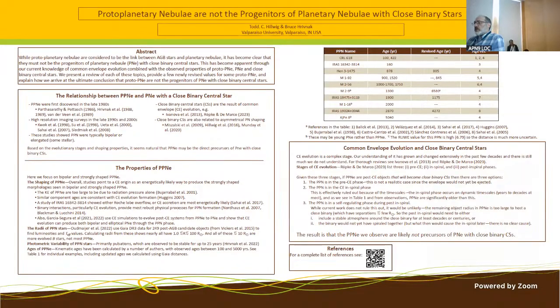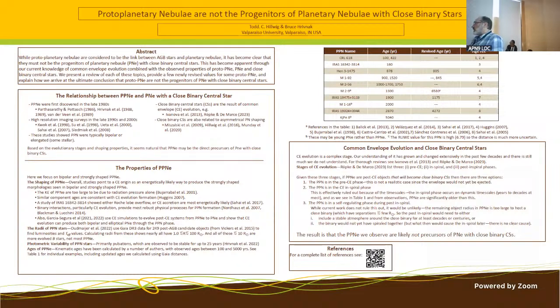So Bruce Ribnack's talk tomorrow will talk a little bit about some of that evidence and looking for binaries in protoplanetary nebulae. But what we've done is a brief literature review of the properties of protoplanetary nebulae, what we understand about common envelope evolution and the properties of close binary central stars, and found that they're just not consistent.